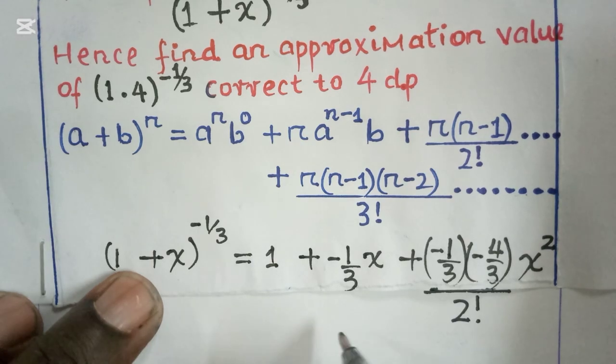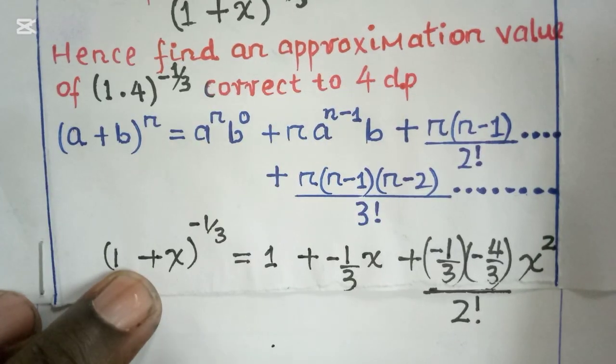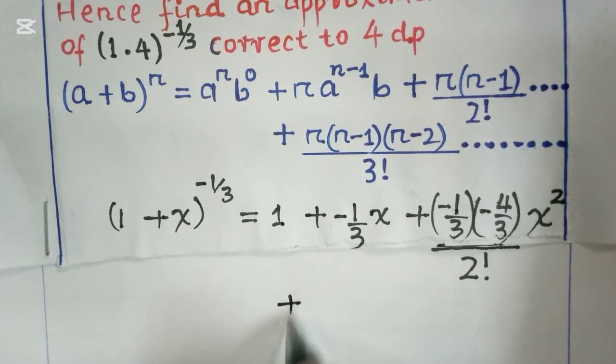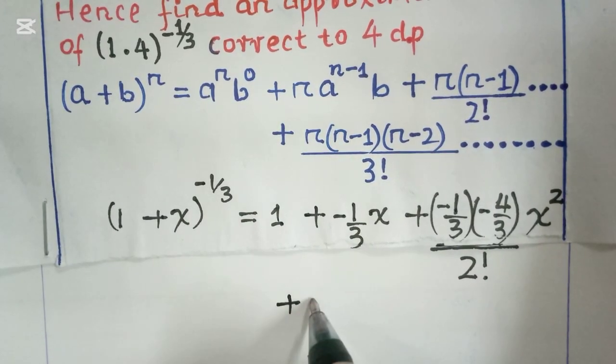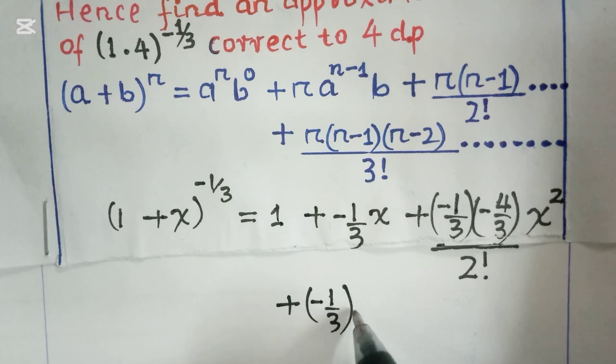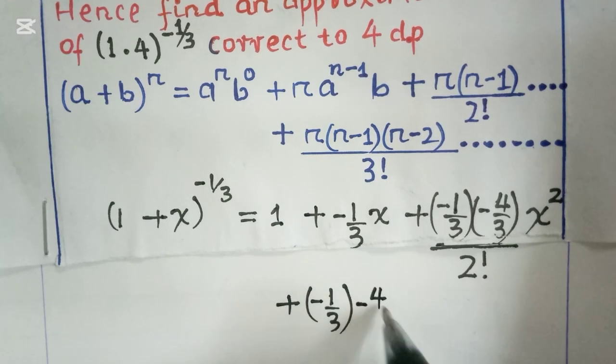Now, then we go to the next term. We are supposed to have 4 terms. So we shall have plus, now it will be negative a third. Then n minus 1, we have said it is minus 4 over 3.